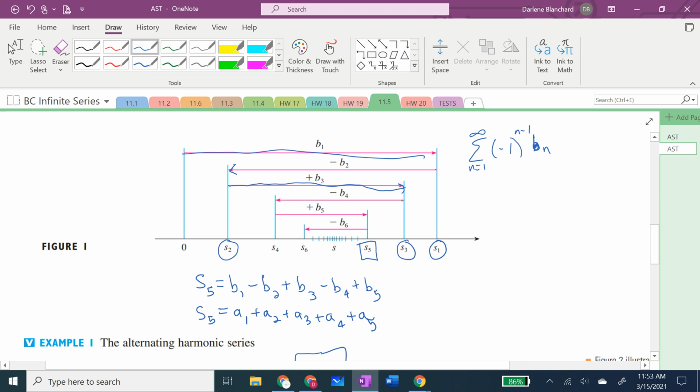And then you take away less than you just gained, and then you add on less than you just lost. And what I want you to see is that every time you bring on another term into that series, you cross over whatever the actual sum is, because that S right there represents the actual sum.